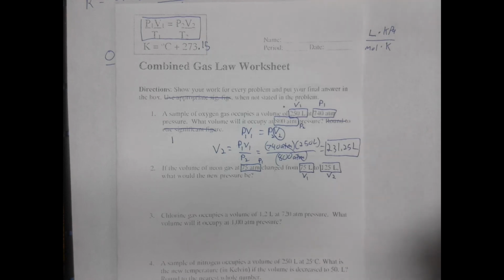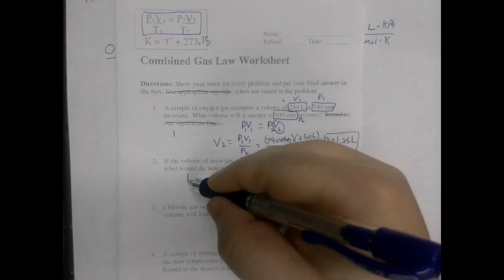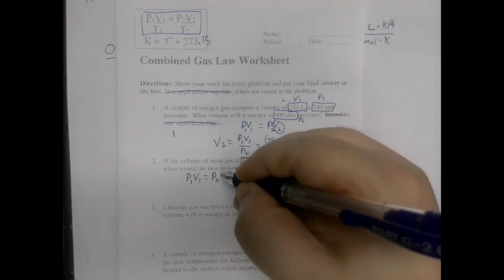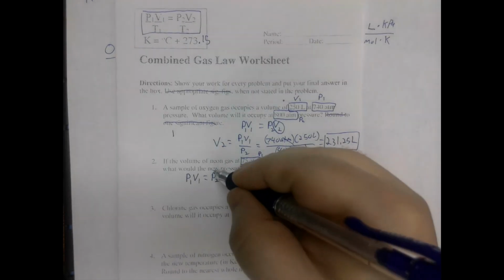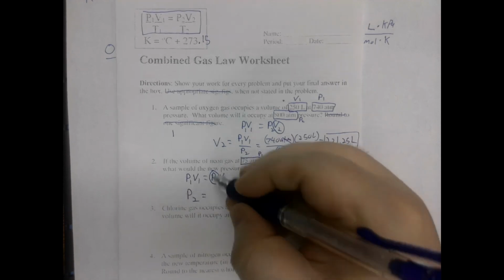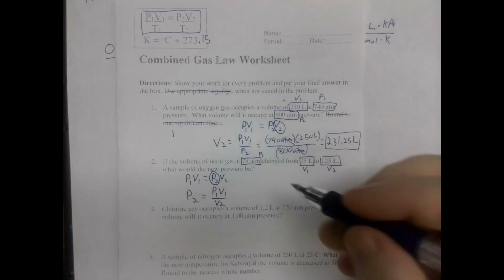So we're solving for P2. So P1, V1, we don't deal with temperature. So when writing this equation down, we can omit temperature. And we're solving for P2. P2 is thus equal to P1 V1 over V2.